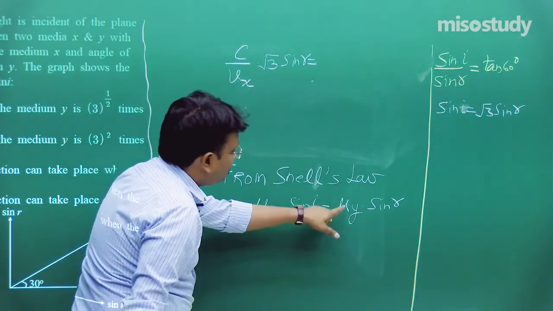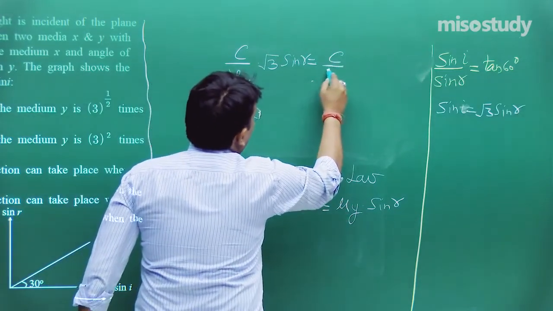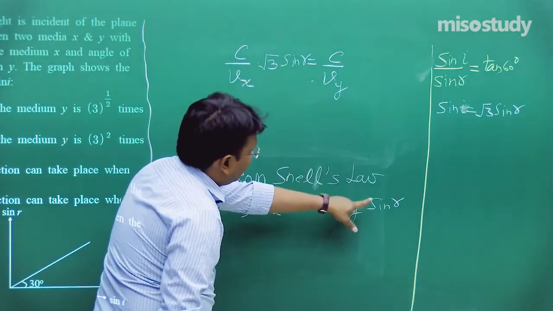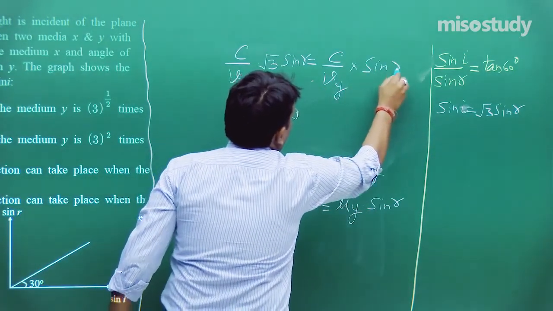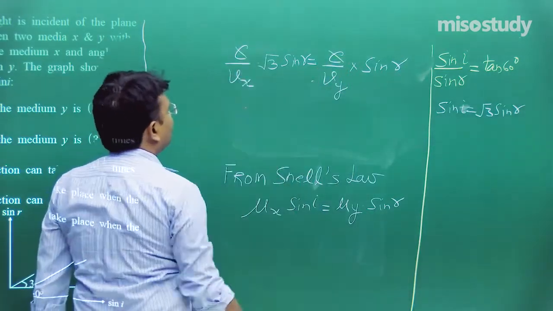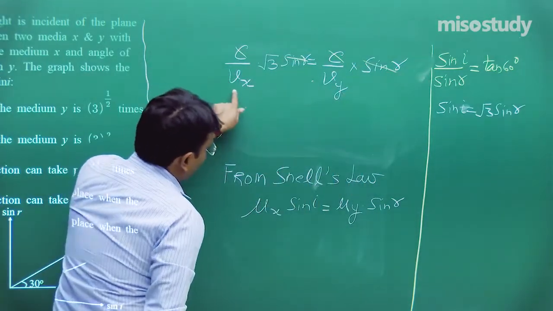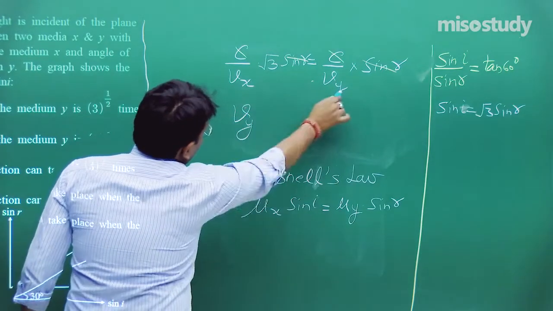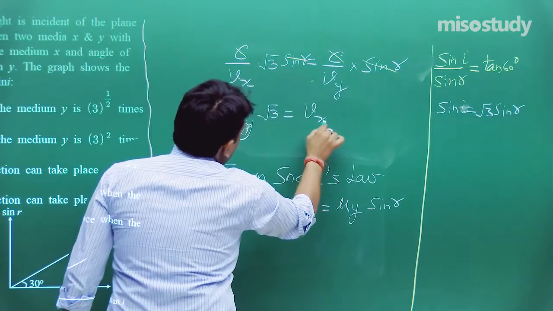Mu y means c upon vy, multiplied by sin r. Now do one thing: c and sin r cancel. So now from here we can say, vy root 3 is equal to vx.